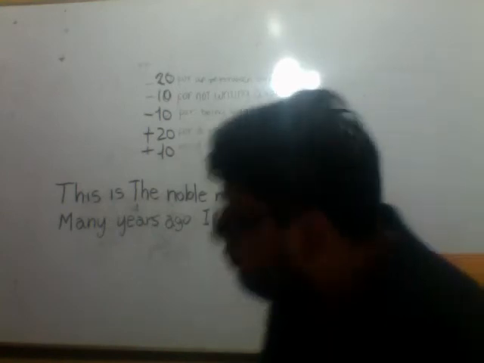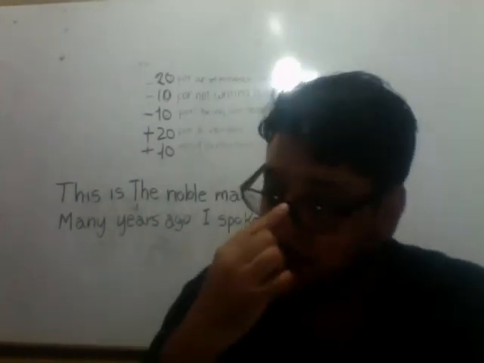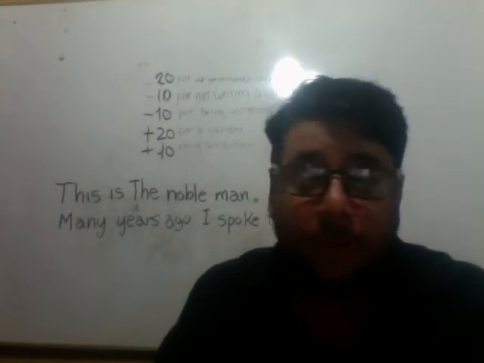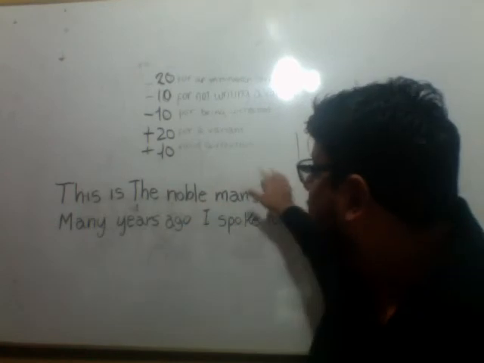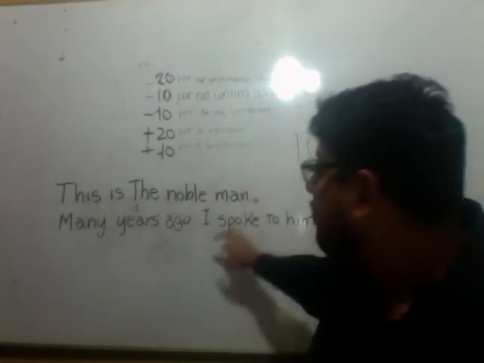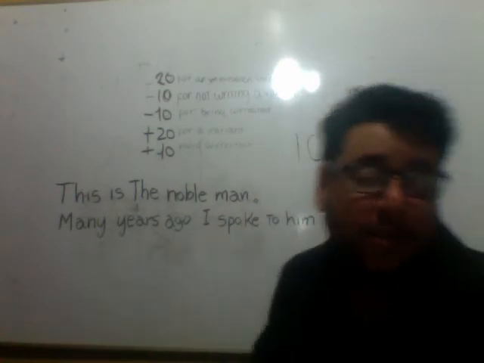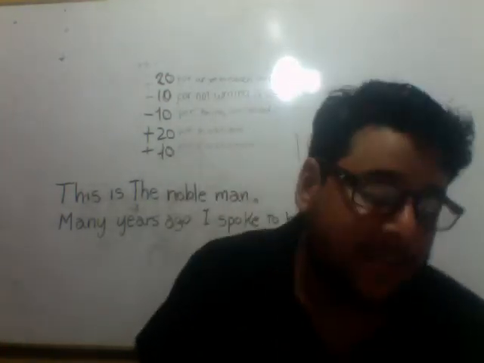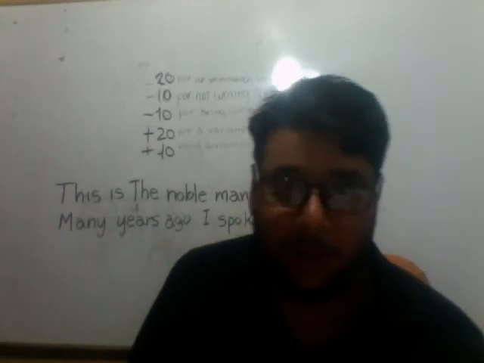So we can make those sentences one, and we will do so. So what will be a proper sentence with an adjective clause that comes out of these two sentences? My first guess is, this is the nobleman to whom I spoke many years ago.